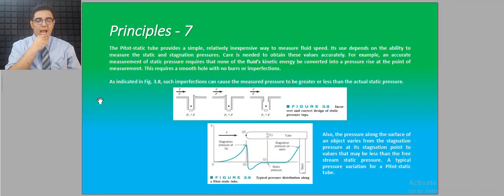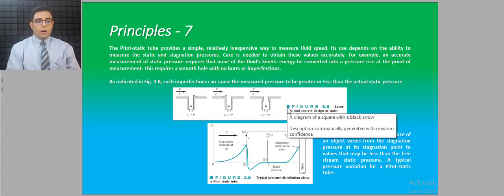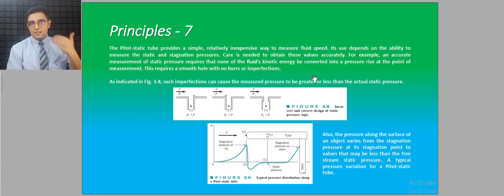Welcome back, guys. As you have already known, it's an inexpensive way to identify the fluid speed based on the pitot tube. However, we must be aware of static as well as stagnation pressure, which are used to calculate the fluid speed. It means a high rate of accuracy is needed to design the pitot tube or to buy it.